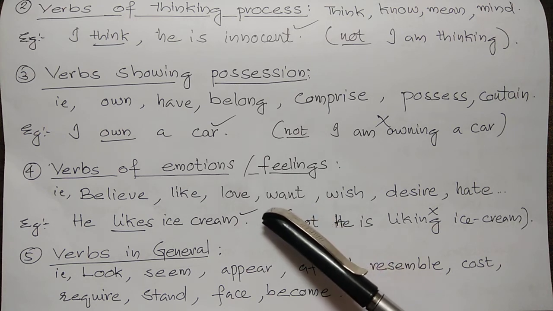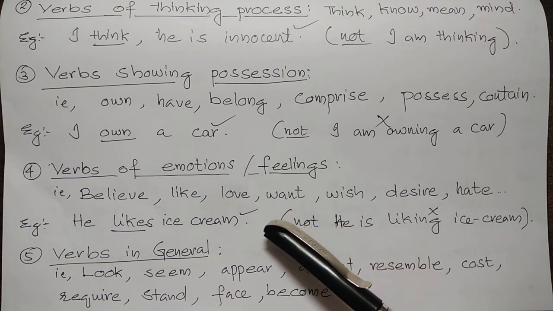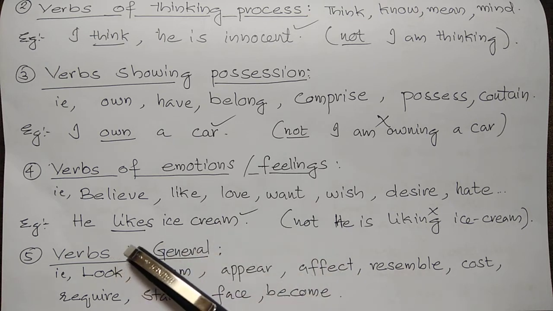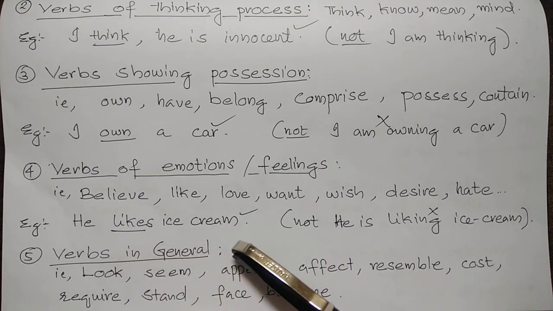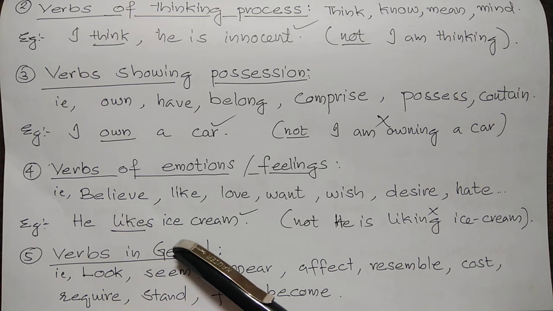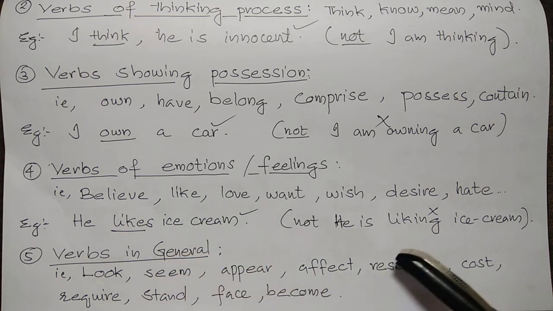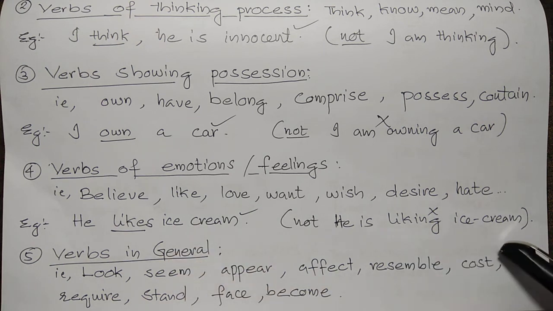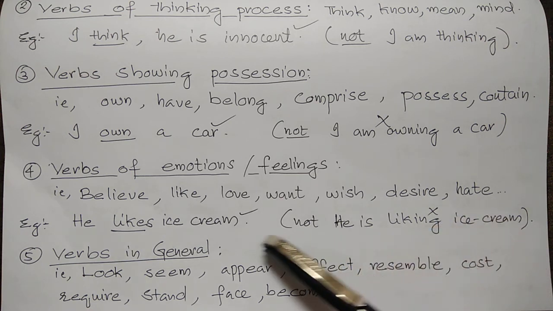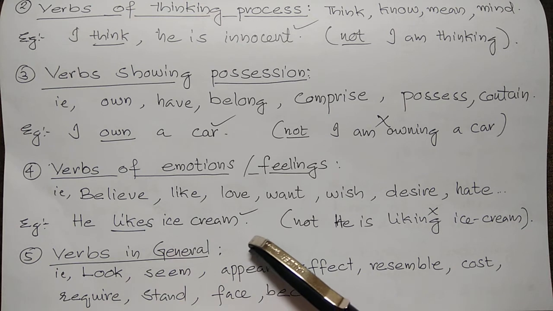So with these words also we never use the present continuous. Example, he likes ice cream. This is a feeling. So we are not using he is liking. He is liking ice cream is wrong. We have to say he likes ice cream.